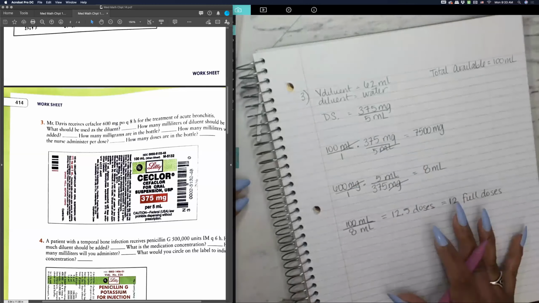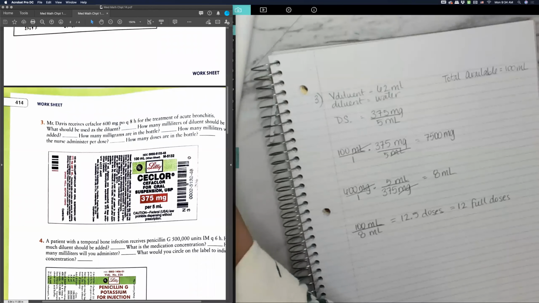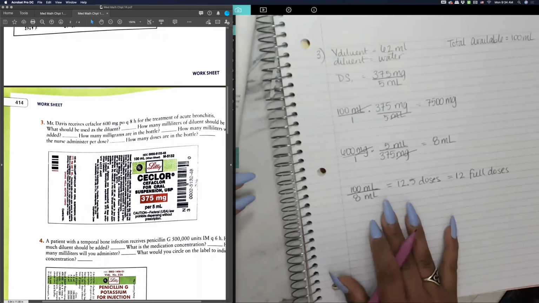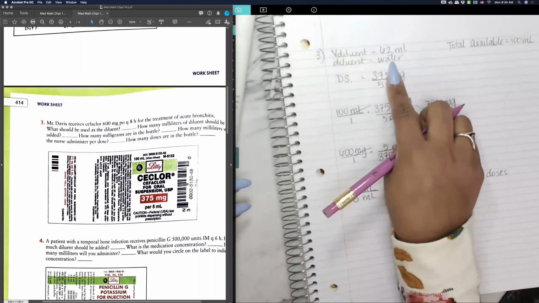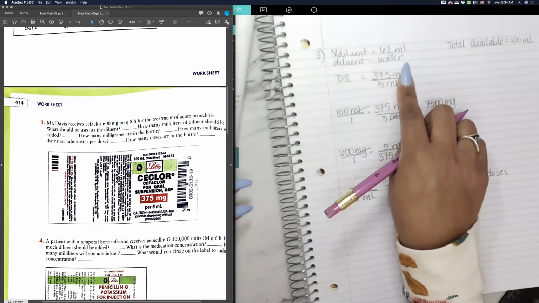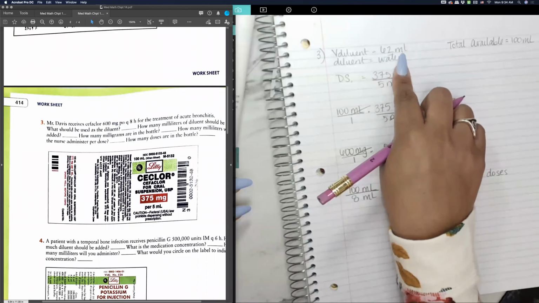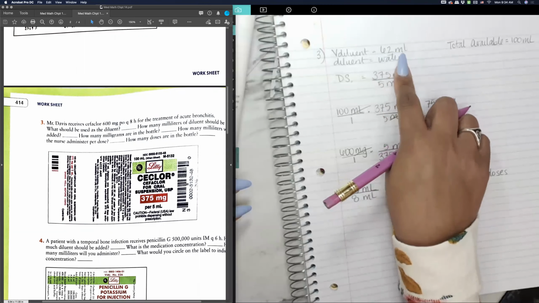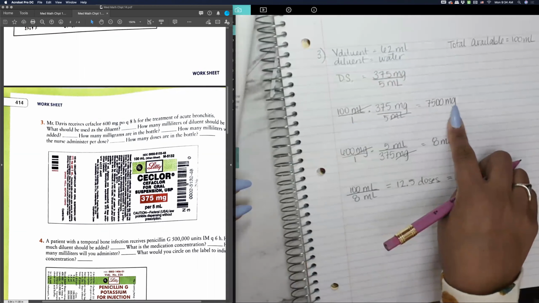Okay, so for this chapter, when they're asking you on the test what should be used as the diluent? The diluent is water. How many milliliters of diluent should be added? 62 milliliters. How many milligrams are in the bottle? 7,500 milligrams are available in the bottle.